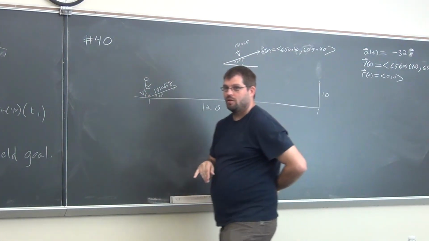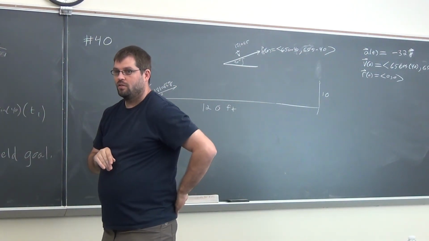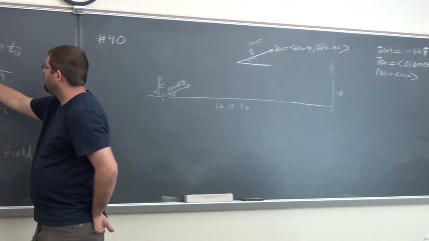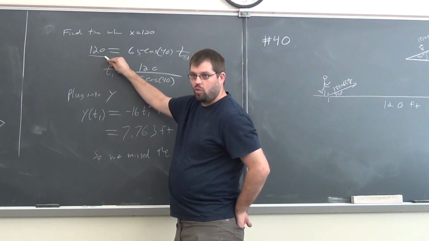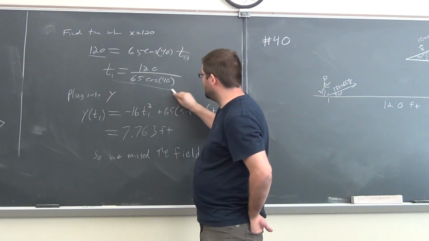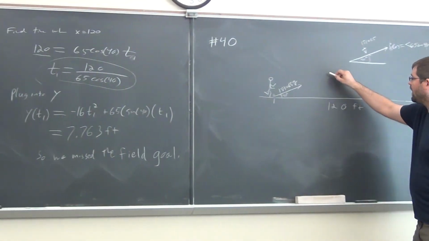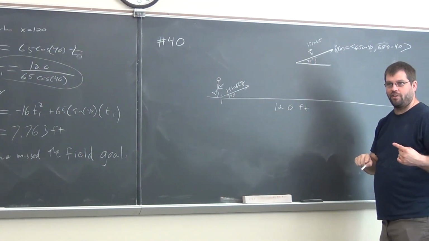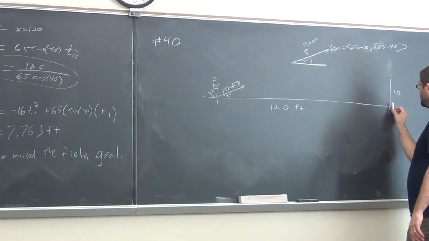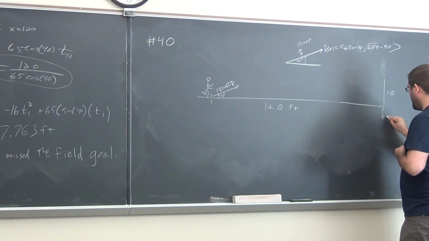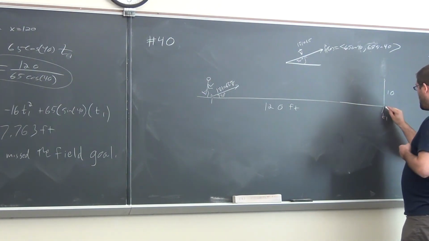Because it's less than 10, like you said. Right, so what we've seen is that when your distance is 120, your time is this number. So this ball, for every time, has one X and one Y value. We've found when we get to 120 in my X direction, I'm at T1, so X of T1 is 120.